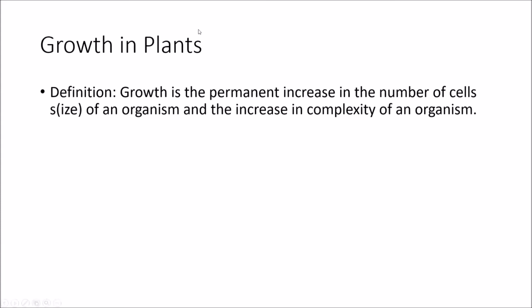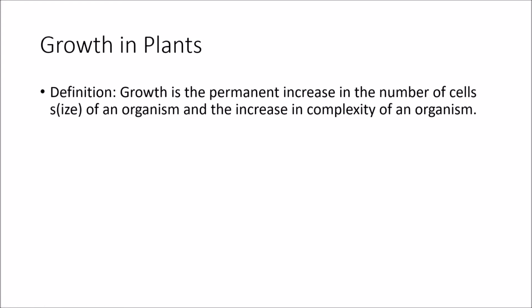So with the first point, when something grows, obviously it's going to get larger. The reason why that organism is going to get larger is because a lot of cell division is taking place. And as you increase in number of cells inside of an organism, that organism is going to get bigger. Now, growth can also be the increasing complexity of an organism.